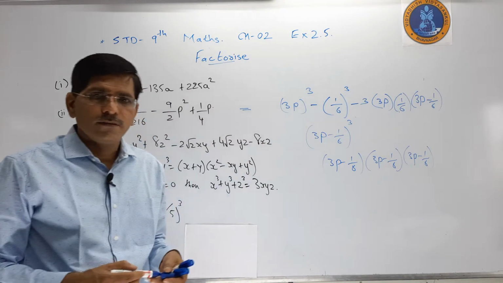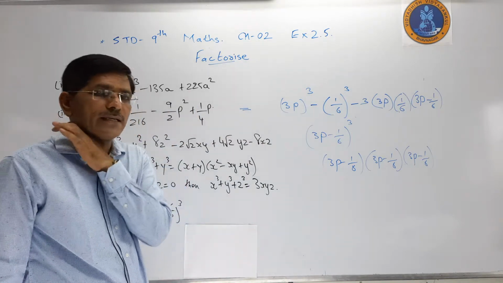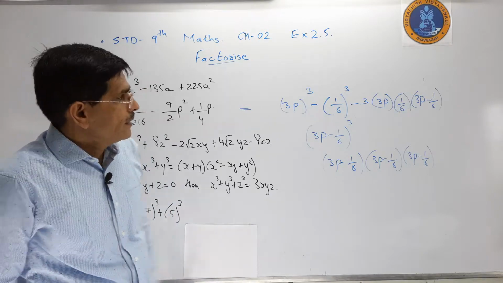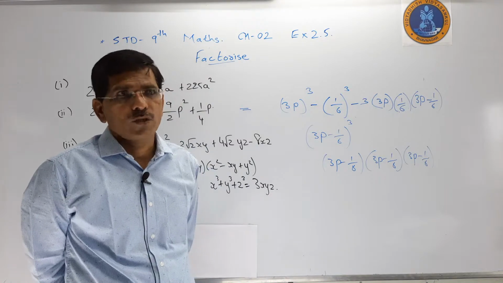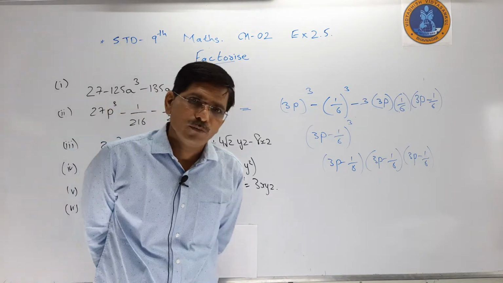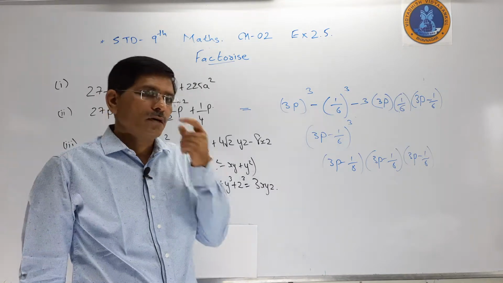Clear everyone? So 2 sums I have already discussed related with the identity x minus y whole to cube, that is x cube minus y cube minus 3xy in bracket x minus y.